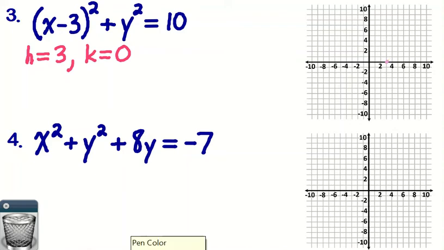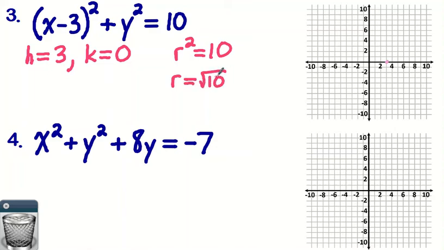And if r squared is 10, that makes r the square root of 10. What the heck is the square root of 10? Well, I know it's going to be 3 point something, because 3 squared is 9 and 4 squared is 16.